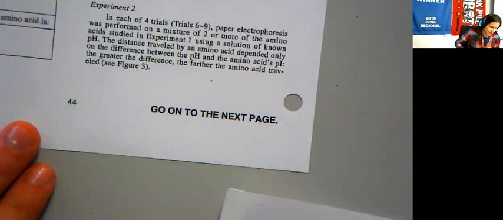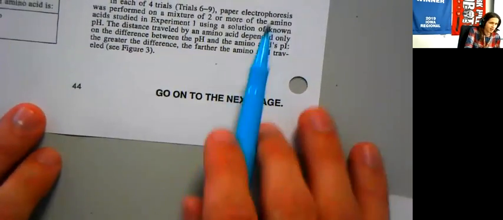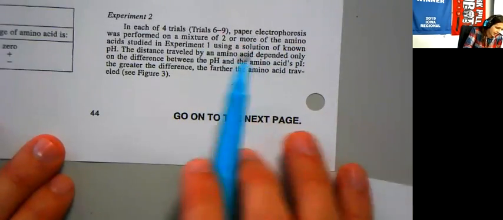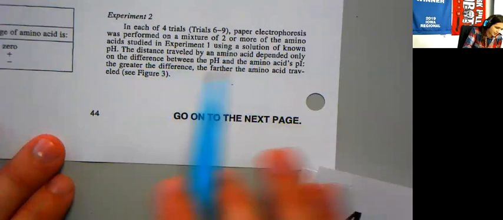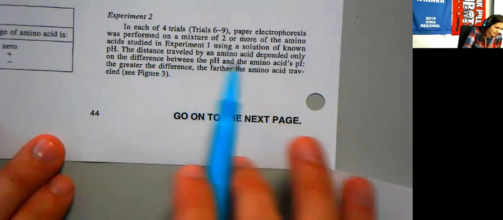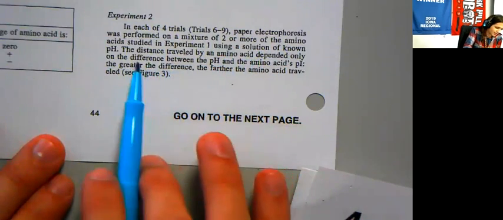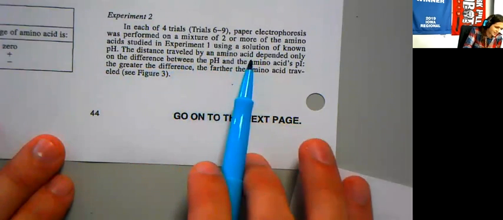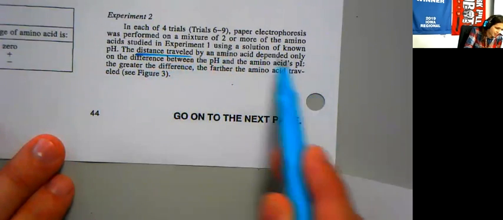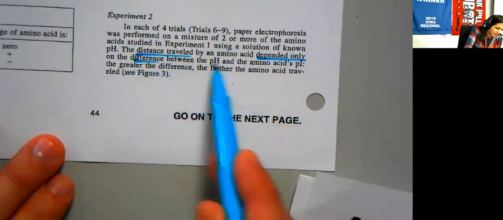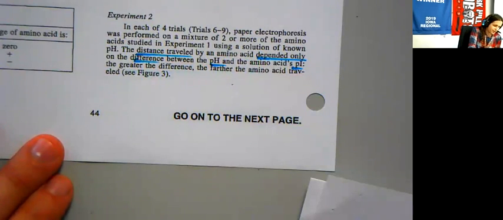The amino acid that traveled the farthest. In each of the 4 trials, paper electrophoresis was performed on a mixture of 2 or more of the amino acids using a solution of known pH. The distance traveled by an amino acid depended only on the difference between the pH and the PI. The greater the difference, the further it traveled.